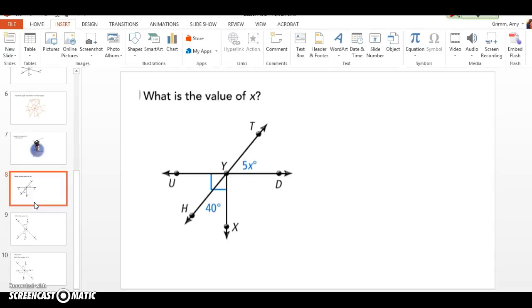Well, if that angle is 40, but it adds up to 90, then that angle would be 50. So then it would be 50 equals 5x. Exactly. Because this would be vertical with this, which means this one and this one are the same. So now your equation would be 5x equals 50.